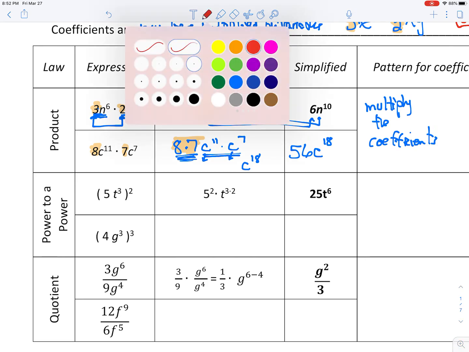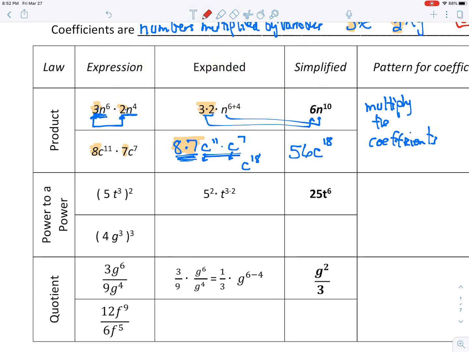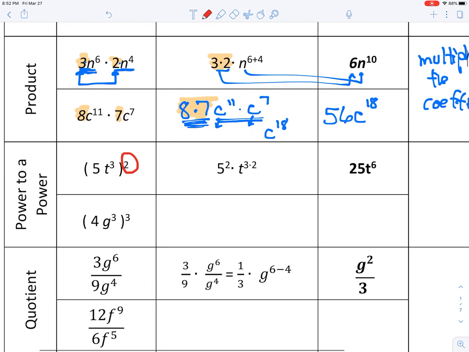All right, let's switch colors here and go to the power to a power. It's kind of one of my favorites, because what does it mean to raise a power to a power? Well, in this case, when you square something, I would use my teacher adage, when in doubt, write it out.